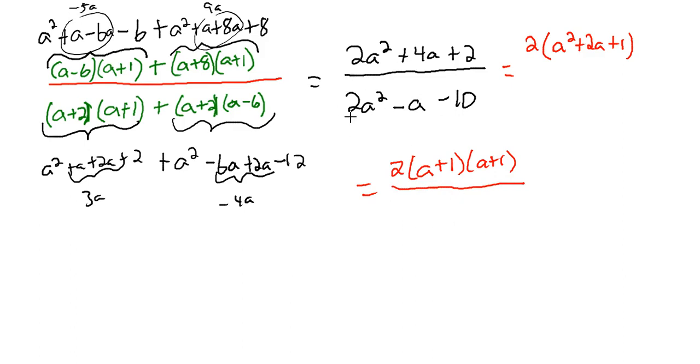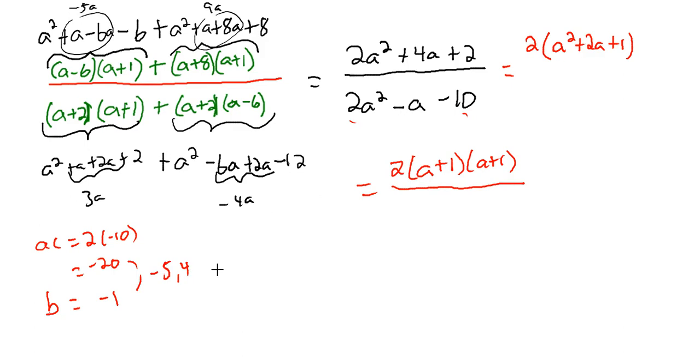To factor the denominator, we'll have to do the AC method. So let's just do that over here. We'll have a times c is going to be 2 times negative 10, which is negative 20. And b is equal to negative 1. So two numbers that multiply to negative 20 and add to negative 1 would be negative 5 and positive 4. So we're going to rewrite the middle term.